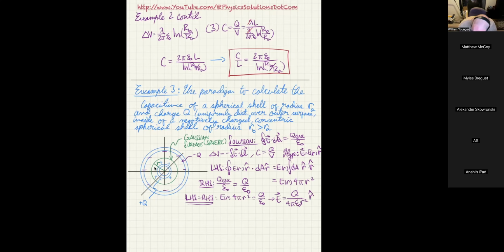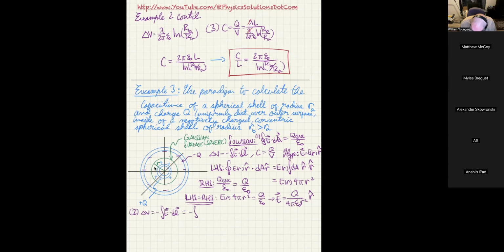Now, that was step one, but now I got to calculate for step two the difference in voltage from the outer plate to the inner plate. So now step two, delta V is equal to the negative integral of E dot dl.